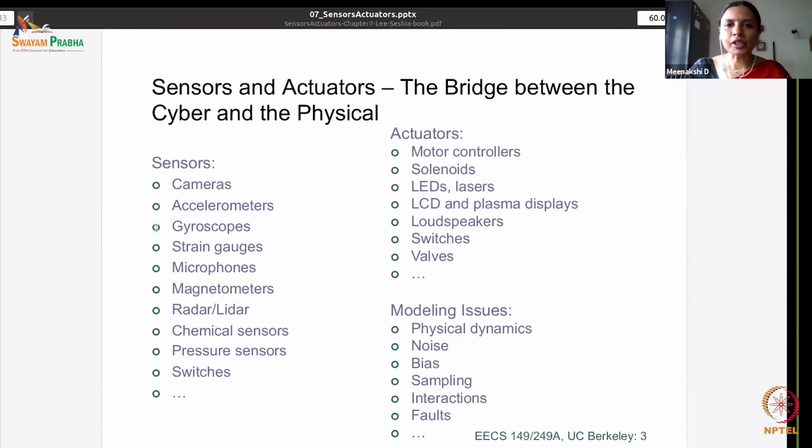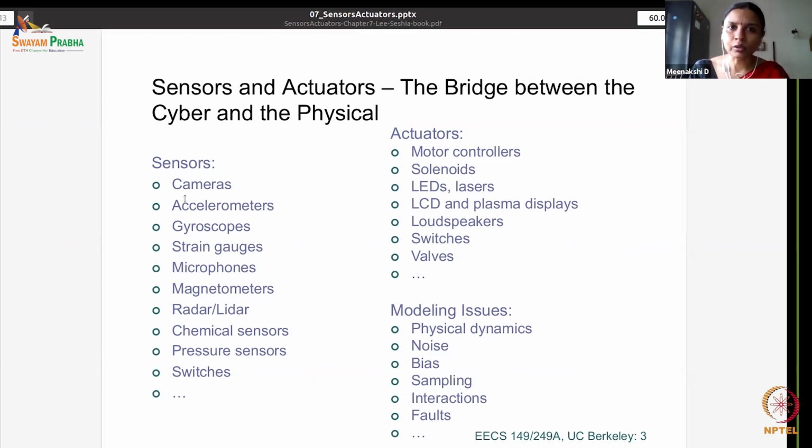Here are some examples of sensors and actuators. Cameras, which are widely present from our phones to anywhere else, are one of the most powerful sensors because they can record video, snapshots, audio, and everything.